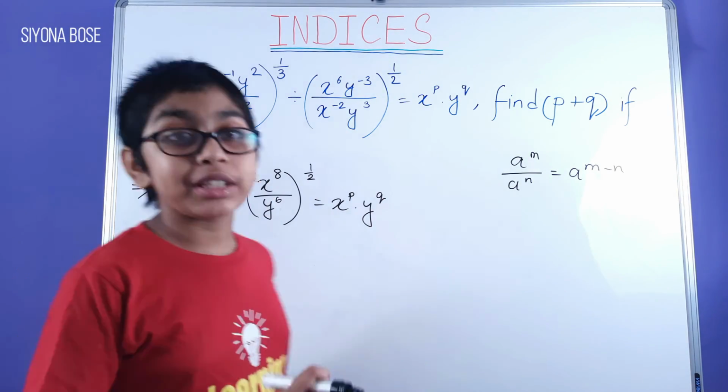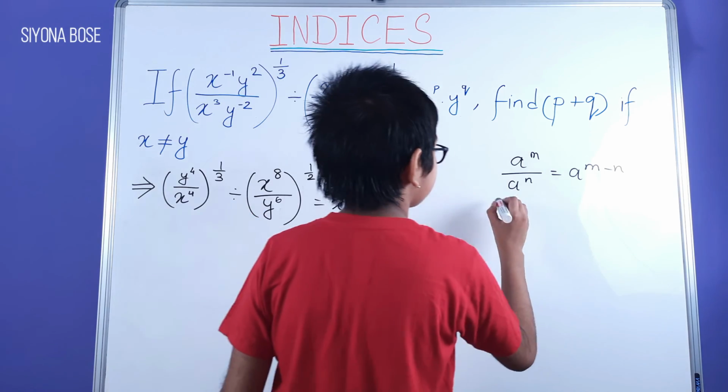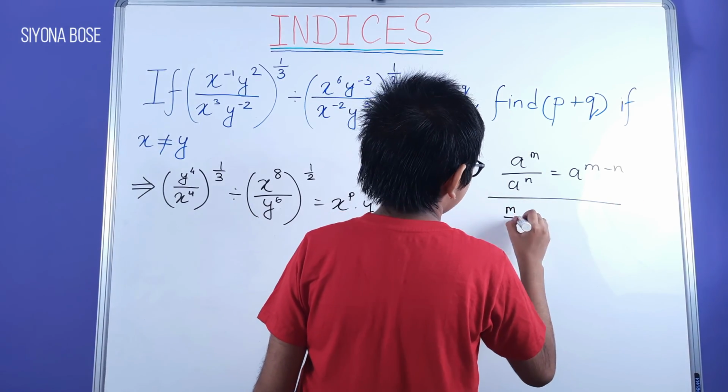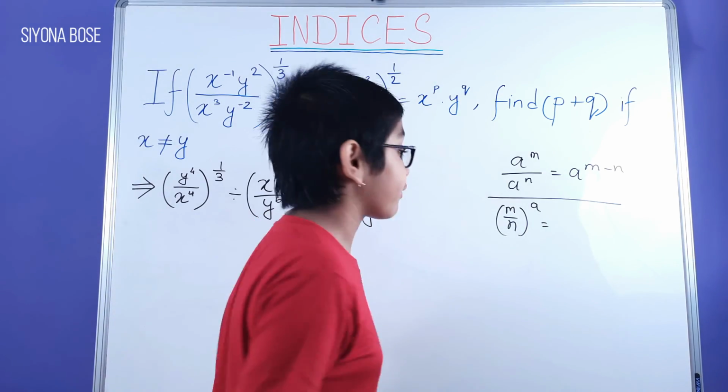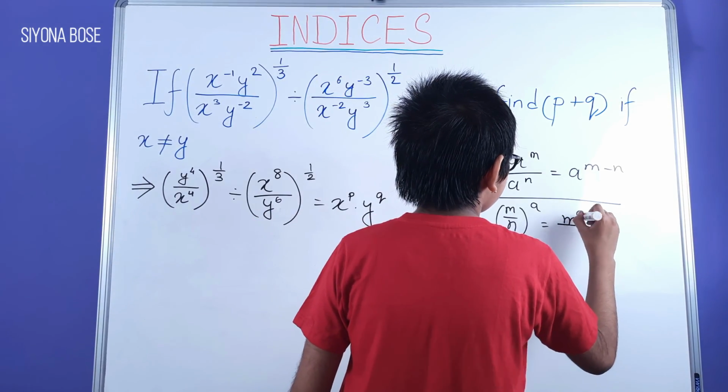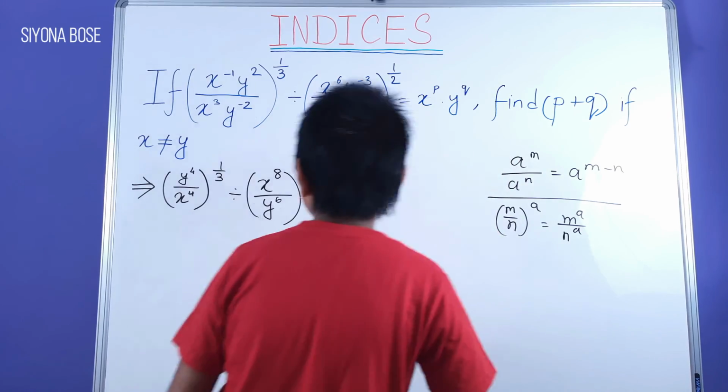So we know that m by n whole to the power of a is equal to m to the power of a by n to the power of a.